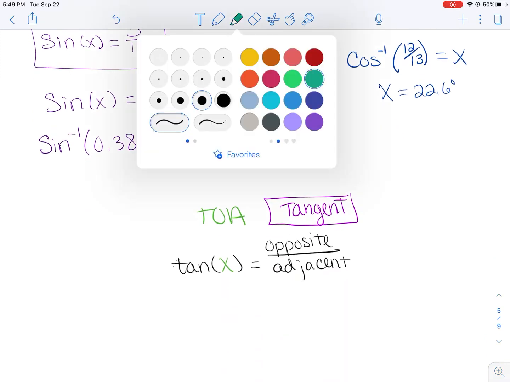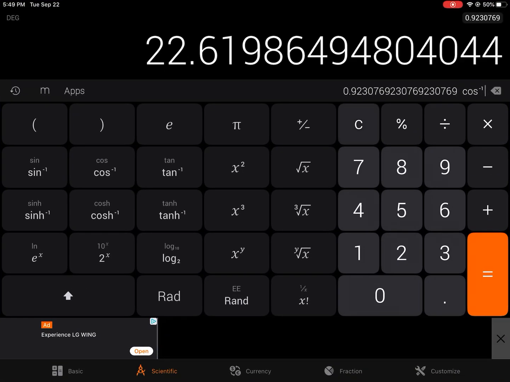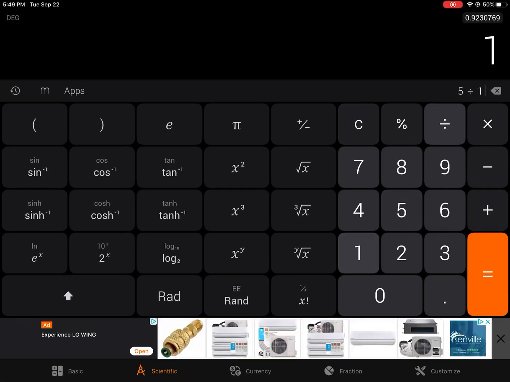And lastly is the tangent. Here, the tangent of X, tangent of our angle, is equal to the side opposite divided by the adjacent side. So our tangent of X is going to be equal to the opposite side, which is 5, divided by the adjacent side, which is 12. Again, let's take a look at our calculator.